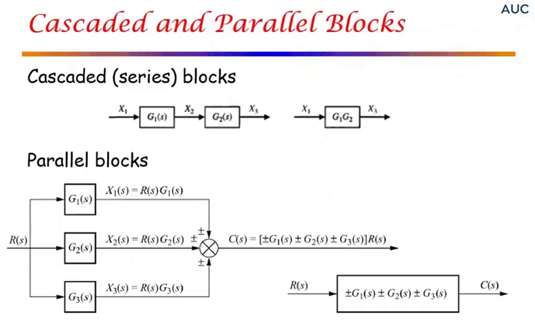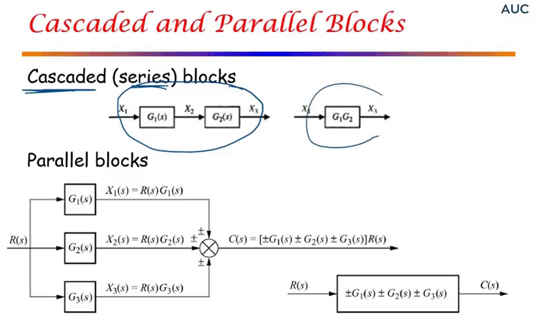Blocks could be connected in different ways, could be in series like that. We call that series connection or cascaded connection. And we can combine two series blocks into just one block, as we can see here, and that would be the product.